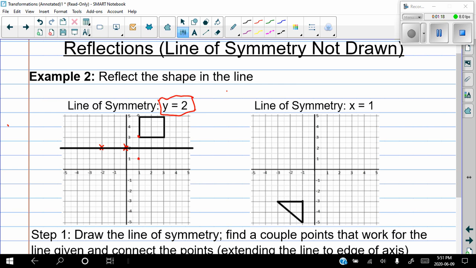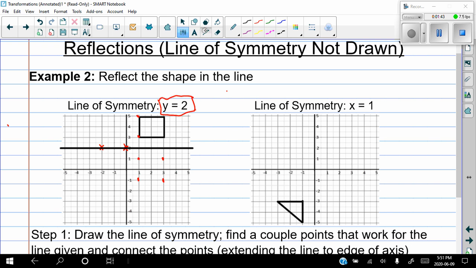The next, moving clockwise around our little quadrilateral, is 3 away for this corner, so we're going to be 3 away down here. Then moving clockwise again, our next point is 2 away in that direction, and similarly our last point goes there.